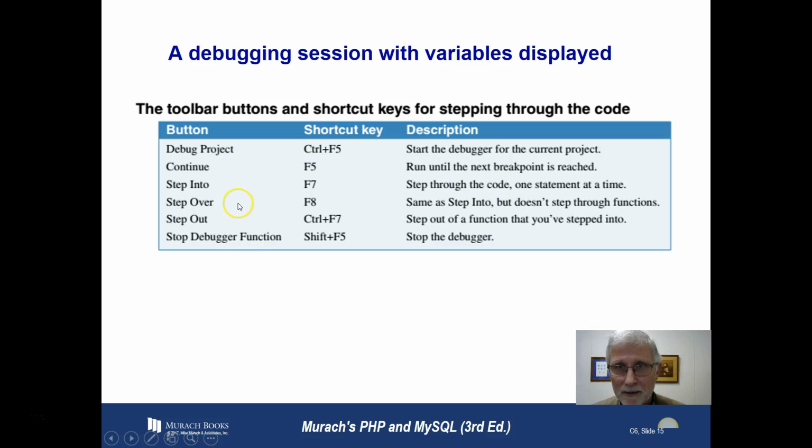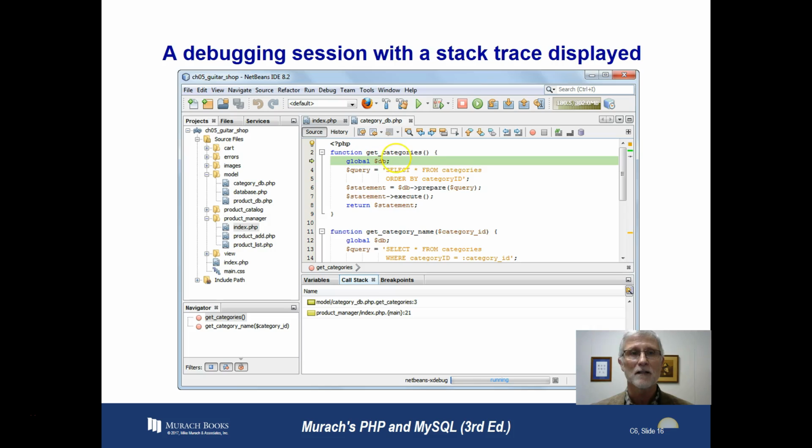Now some toolbar buttons and shortcuts. You can pretty much do this any way you want, but I posted them; they're in your textbook. Actually, that's where I copied it out of, just to give you a quick reference to some shortcuts. Here's where we clicked the call stack, and it says, how did I get here?